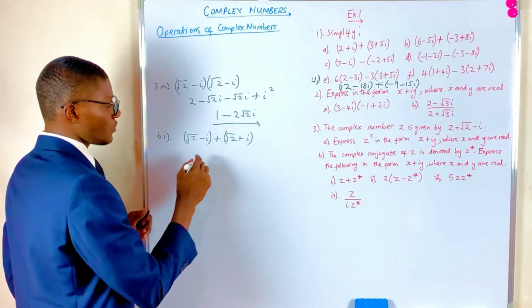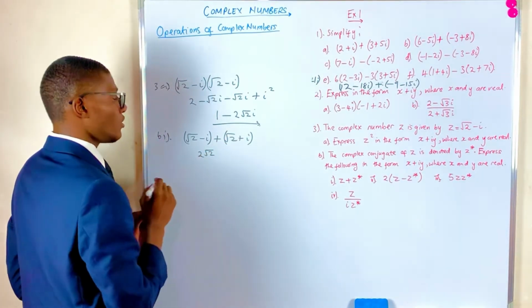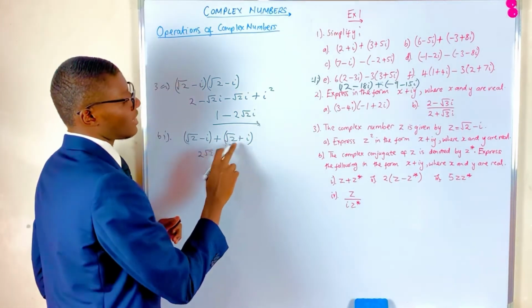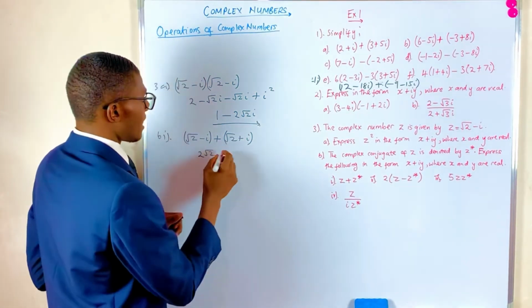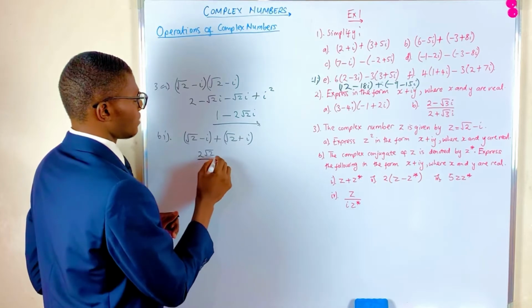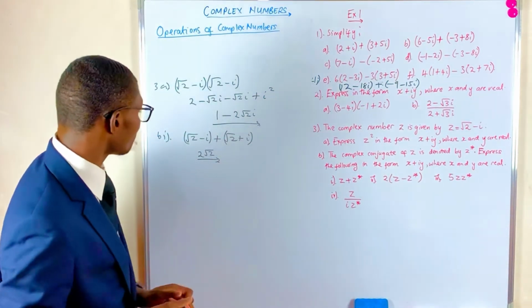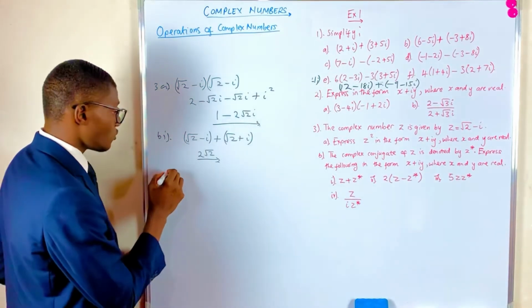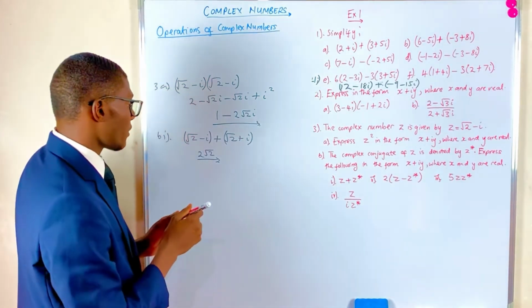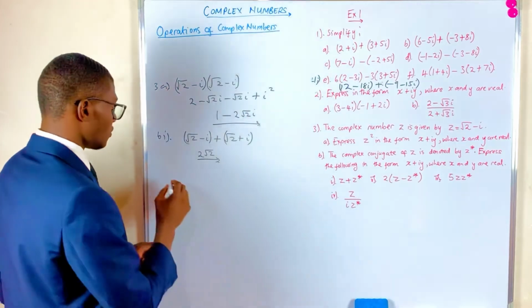Root 2 plus root 2, we get 2 root 2. Right, and then minus i plus i, that gives us a 0. So we just get 2 root 2, right? And then moving on to part 2.